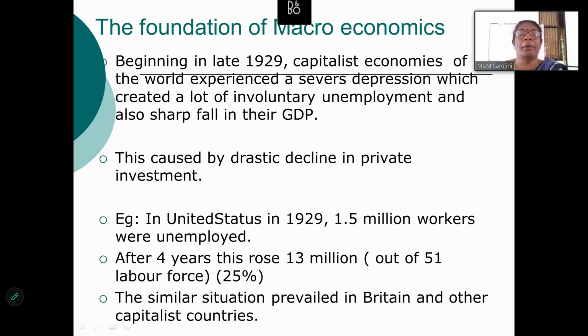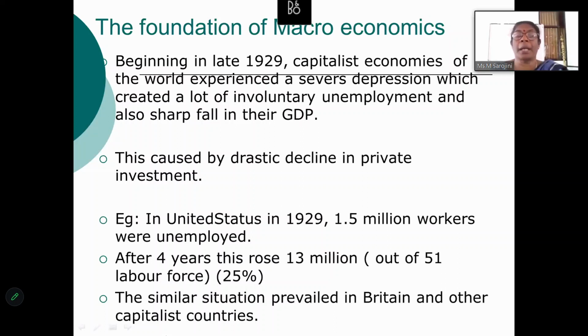Now we are in the foundation of macroeconomics. Here we are going to discuss how macroeconomics started. Beginning in late 1929, around the 1930s, there was a great depression, like we experience now.